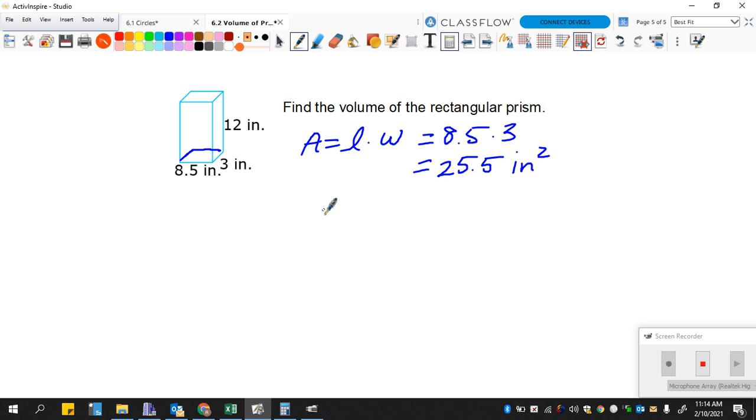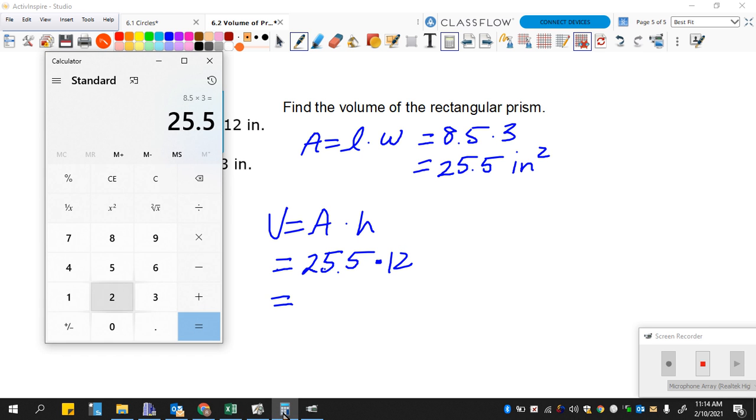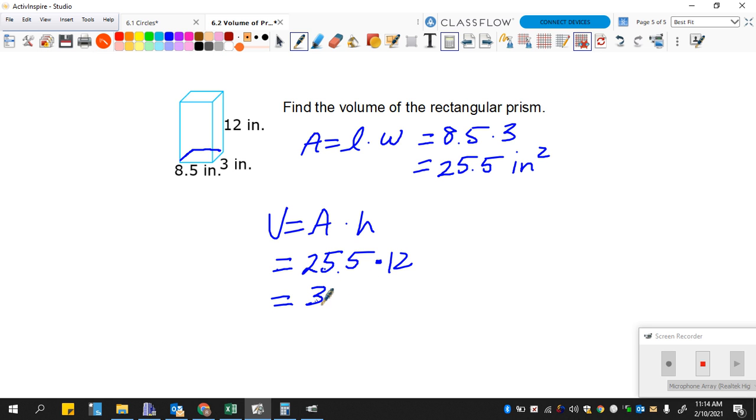And then the volume is simply that area times the height. So 25.5 times the height, which is 12, is 306 cubic inches.